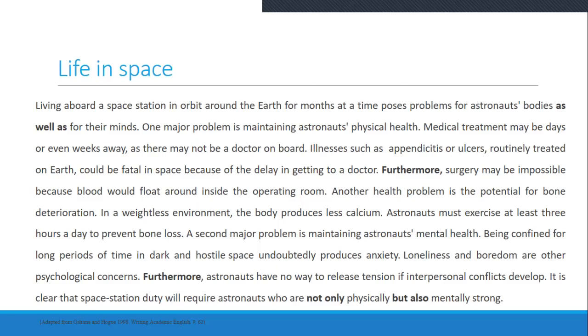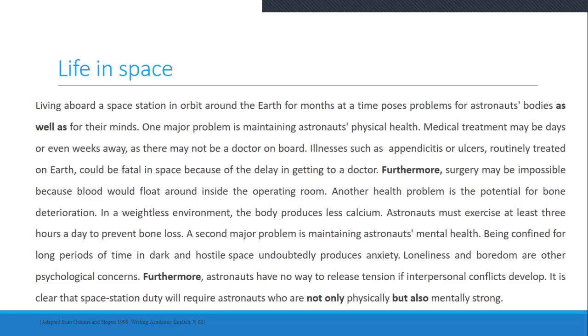In some of your paragraphs also, I saw you have written one sentence and you have stopped and moved on to another point. But the writer has actually explained what we have meant by bone deterioration, right? In a weightless environment, the body produces less calcium. So astronauts must exercise at least 3 hours a day to prevent bone loss, right? So bone deterioration, bone loss is to do with calcium, right?